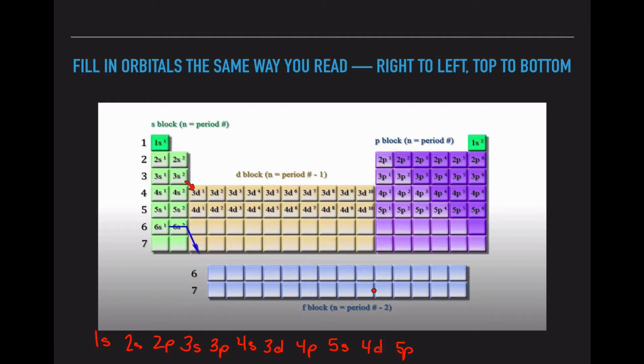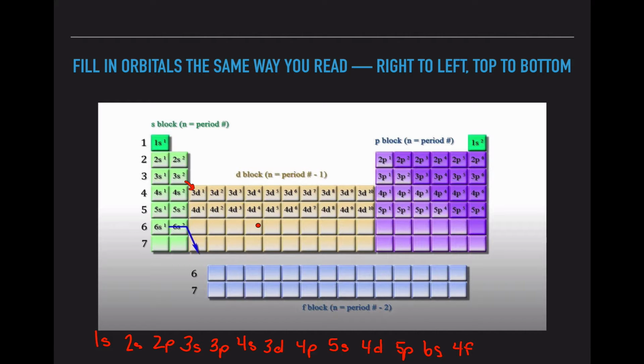Now we go to the 6s level. 6s is filled first, and then this block at the bottom, we actually jog down to here, and then jog back up to this location. So this f block is n minus 2. So that is actually the 4f.